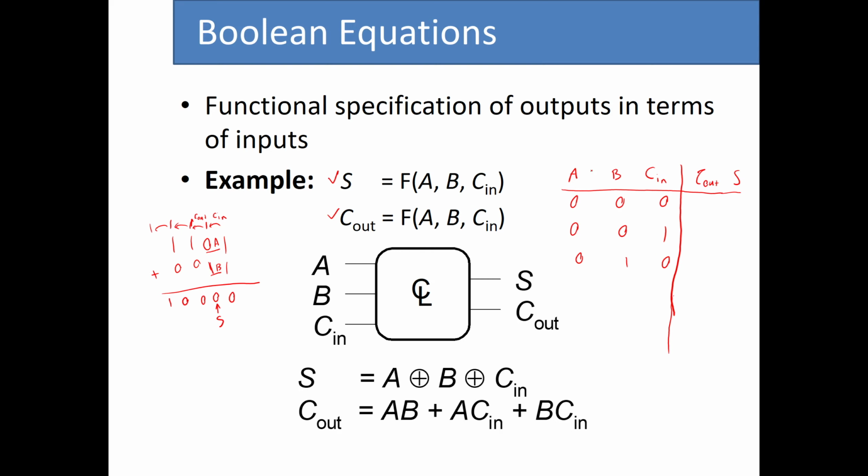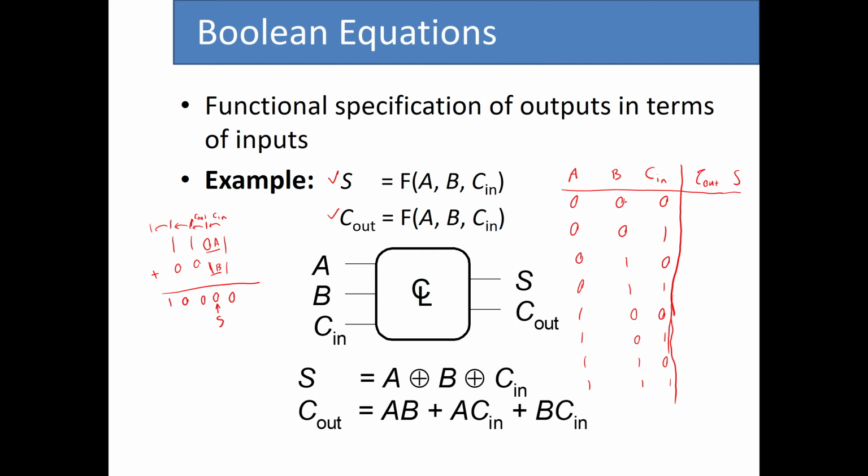Because we have 3 inputs, we have 2 to the power 3, or 8, possible combinations that range from 0 to 7: 000, 001, 010, 011, 100, 101, 110, and finally 111. Based on each one of these combinations, we have either a carry or a value for the summation.